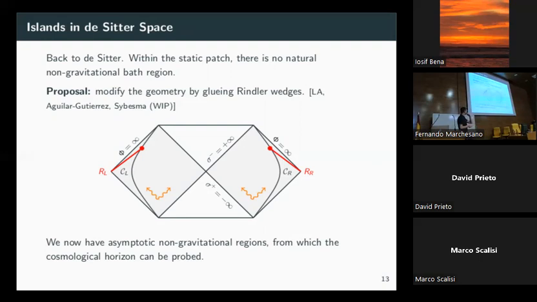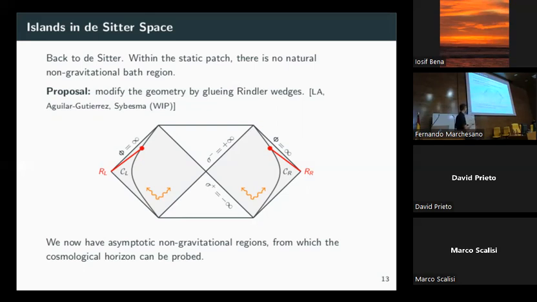You can consider a junction between a Minkowski region and a de Sitter region. You can think of this as a domain wall, in order to replace the static wedge of de Sitter space by a Minkowski wedge. In order for this to be a consistent solution of Einstein's equations, or the equation of motion of JT gravity, you need to make sure that some junction conditions are satisfied.